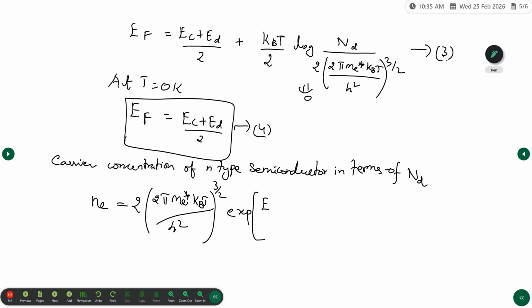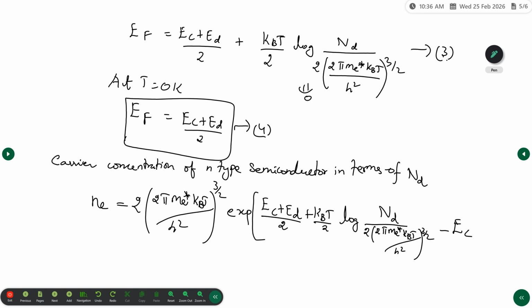EF is (EC plus ED) by 2 plus kBT by 2 log of ND divided by 2 into (2 pi ME star kBT by h square) power 3 by 2. So as a whole, this is EF. Then EF minus EC divided by kBT.